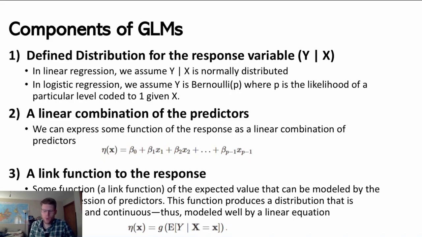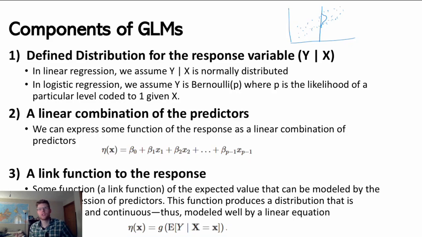With ordinary least squares, we talked about that as being normally distributed: for any slice of x that I might take, there is a distribution that y could take at that slice that we usually assume is normally distributed.